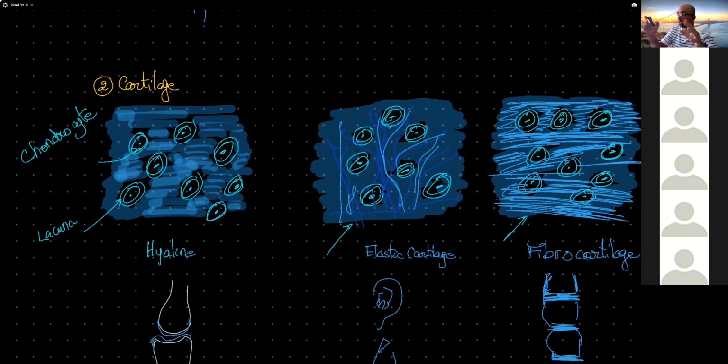So when we've seen the cartilage, we've seen 3 types of cartilage, if you remember. We identified the cartilage by having chondrocytes in those spaces, in lacunae. This provides me with a hard structure.